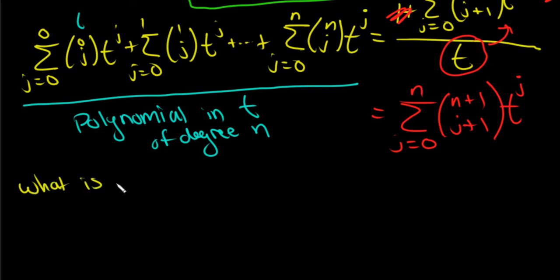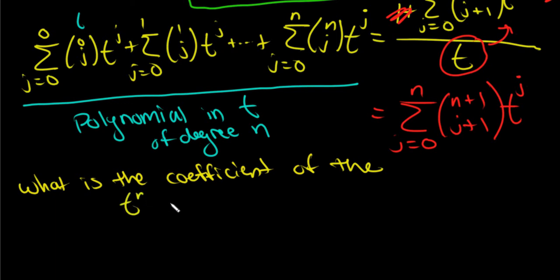what is the coefficient of the t to the m term. Well, the coefficient on the t to the m term is going to be, from the left-hand side, the only places you're going to see a t to the m, and this is just some arbitrary m, is going to be the sum. The contribution to the t to the m term from this guy is going to be 0 choose m times t to the m.